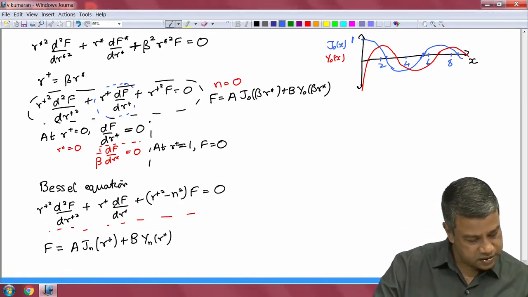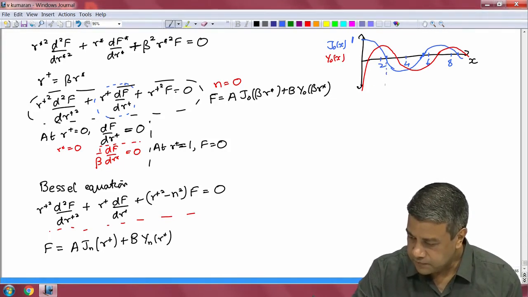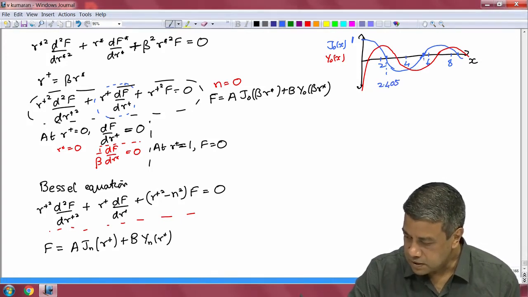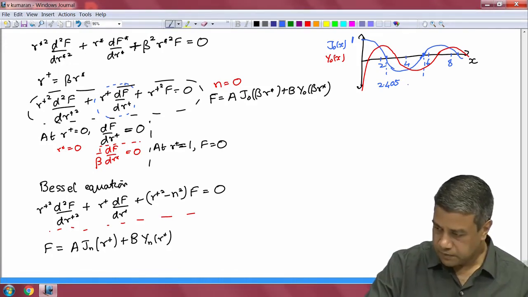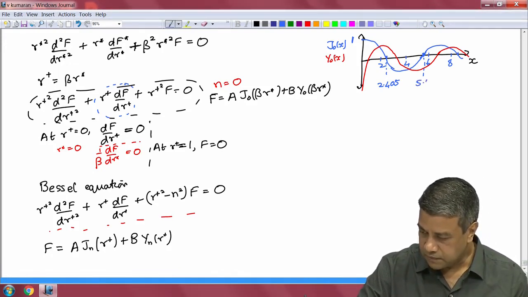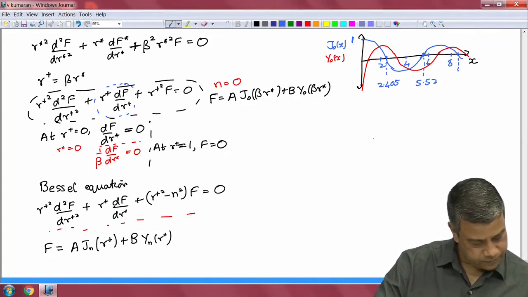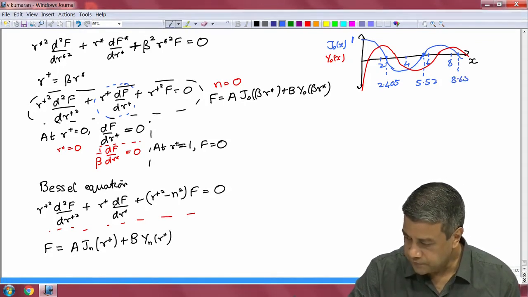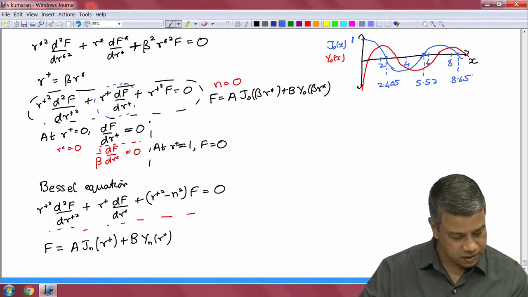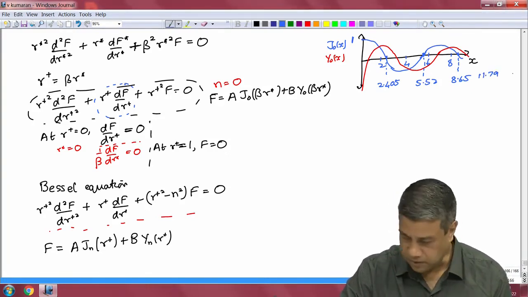The first few locations are: the first one is 2.405, the second one is 5.52, the third one is 8.65, etc. The next two are 11.79 and 14.93.